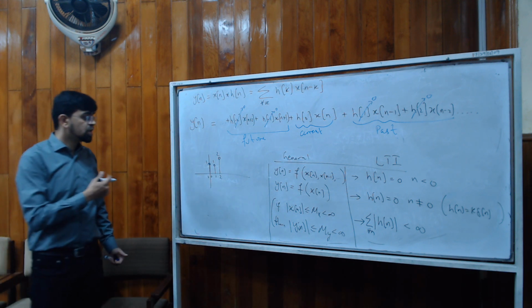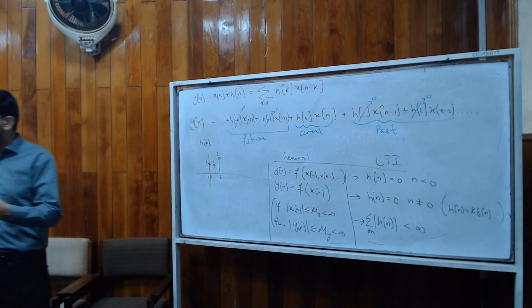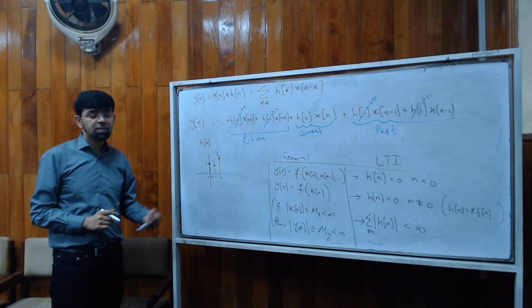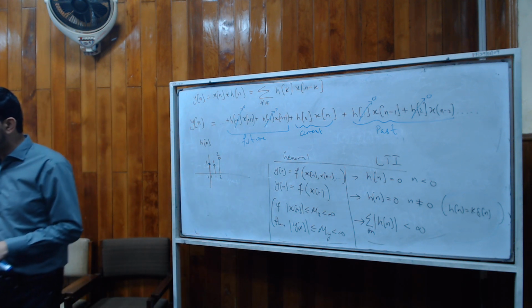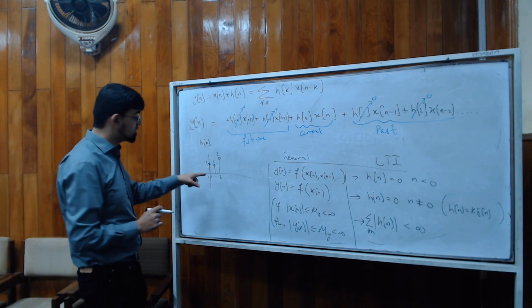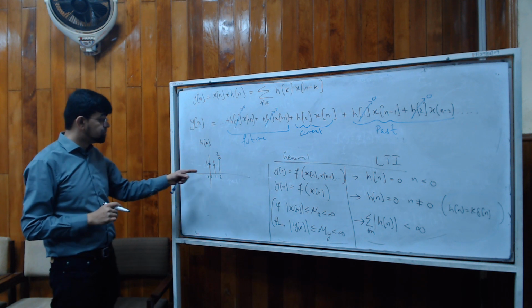Let's say you are given this h[n], and you're told this is from an LTI system. Then is this LTI system stable? We haven't done stability yet, sorry. Is this system causal? Is it memoryless? So what do you see?